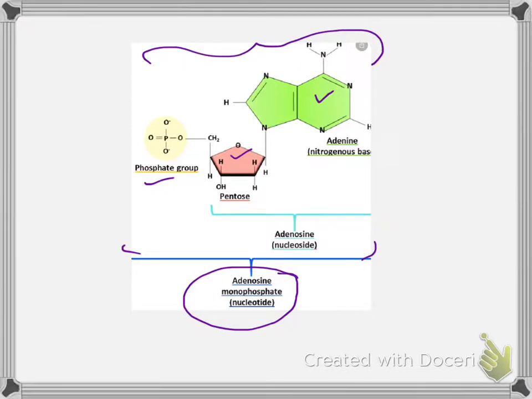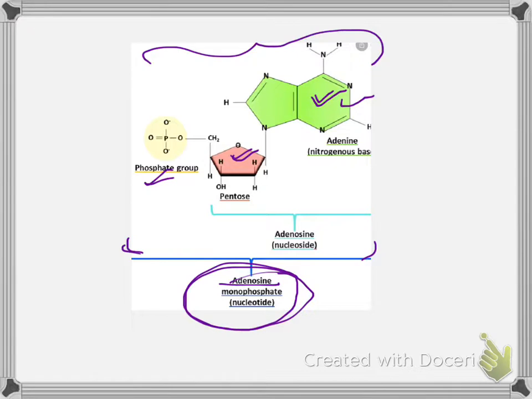Here the base present is adenine, so the name is adenosine. If it is cytosine, then it is known as cytosine monophosphate nucleotide. So here the phosphate group, pentose sugar and adenine nitrogenous base are present. So this is adenosine monophosphate nucleotide.